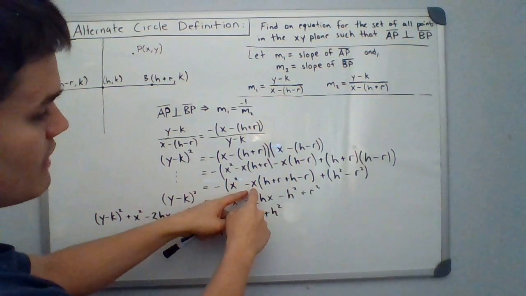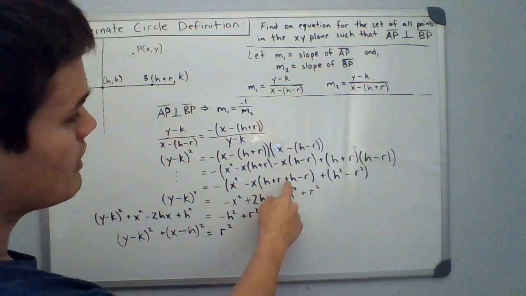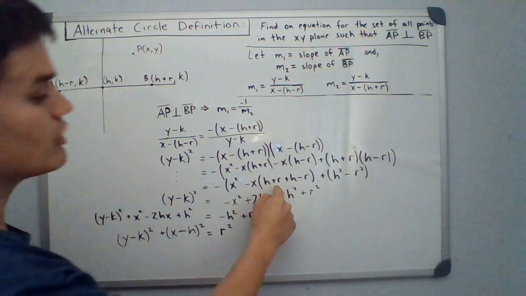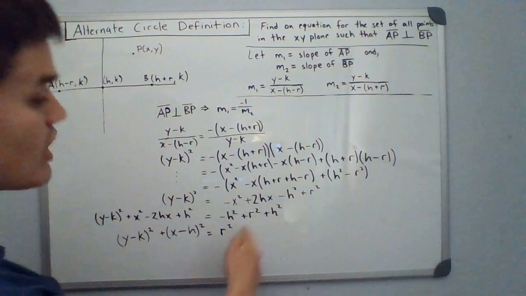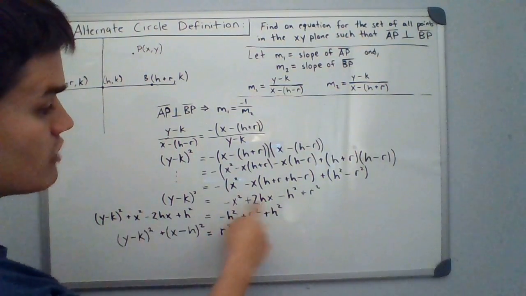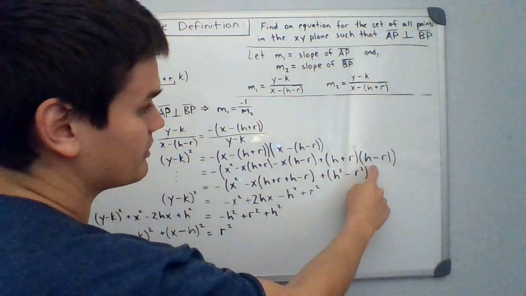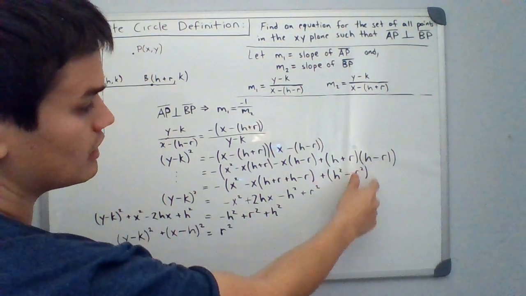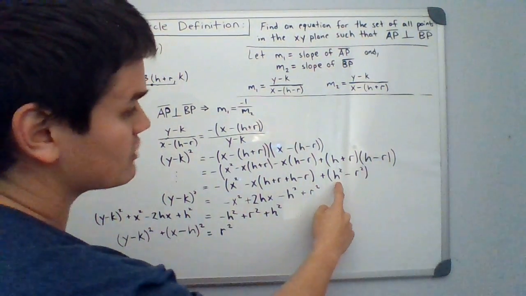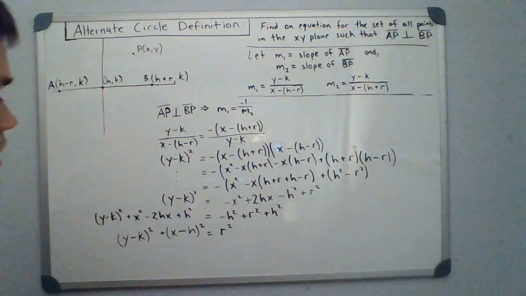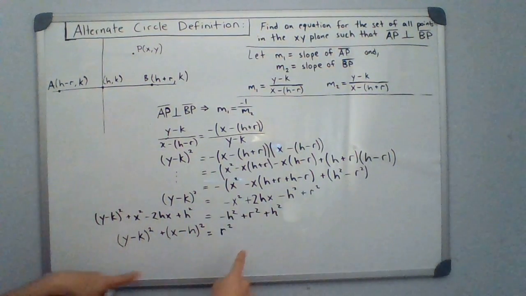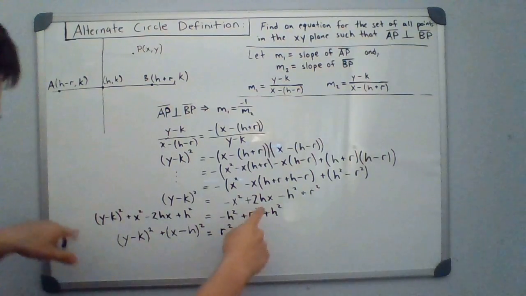I factored out a negative x, and I'm left with h plus r plus h minus r, and we'll see that r minus r subtracts itself out, so we're left with 2h. And then here, h plus r times h minus r, I can FOIL that together to be h squared minus r squared.